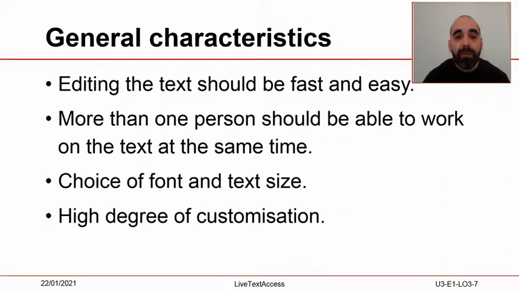It should make it possible to change text size and font, which varies in different events depending on the specific needs of the end users. The software should also be highly customizable to meet the needs of professionals and help them in their work, and to adapt the output text to the needs of the end users.